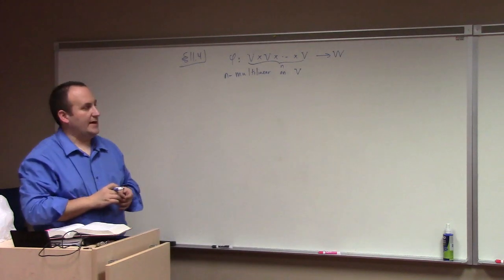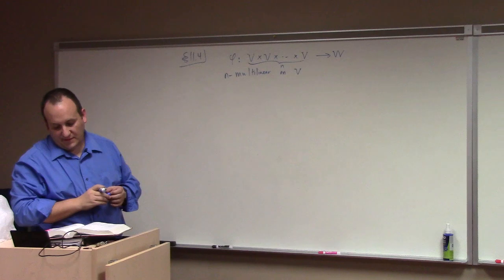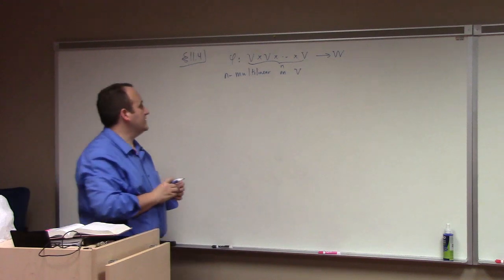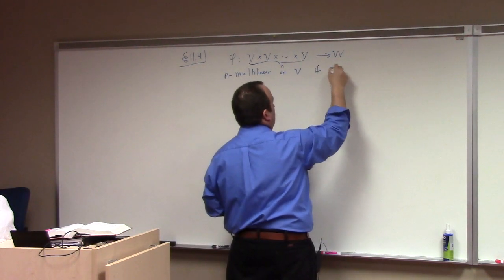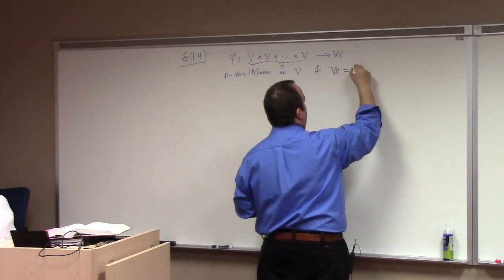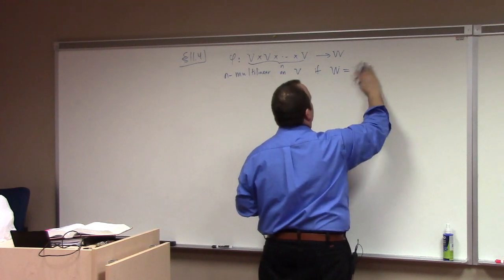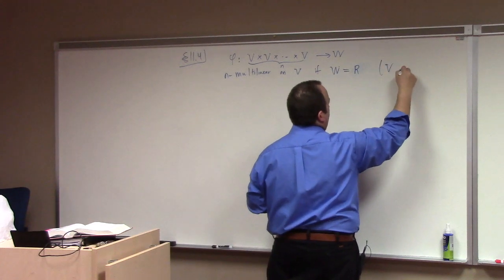So if we look at an n multilinear map on V, where W is equal to the reals or the field over which we're talking about, here, V is an R module.